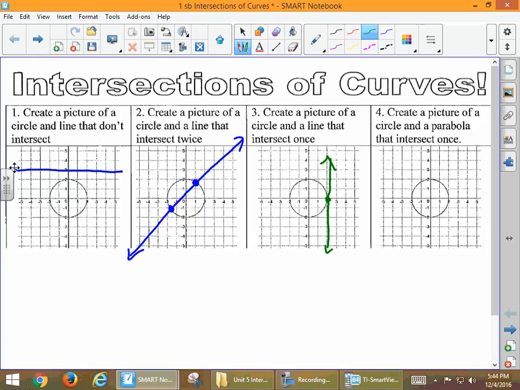Problem number 4. Create a picture of a circle and a parabola that intersect once. Well, a circle and a parabola that intersect once might look something like that. Again, your picture doesn't have to look the same as mine.